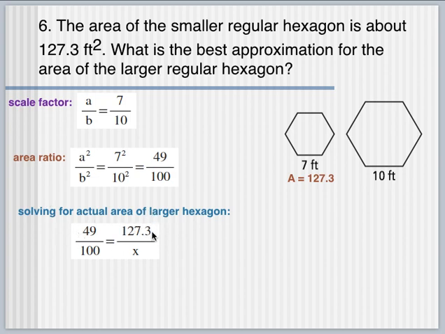So I would line up the 127.3 so it's across from the 49, so they're both smaller shape over larger shape for both fractions. And then put an X for the missing area for the larger shape. Then I can cross multiply and get my final answer, that the larger shape has an area of about 259.8 square feet.